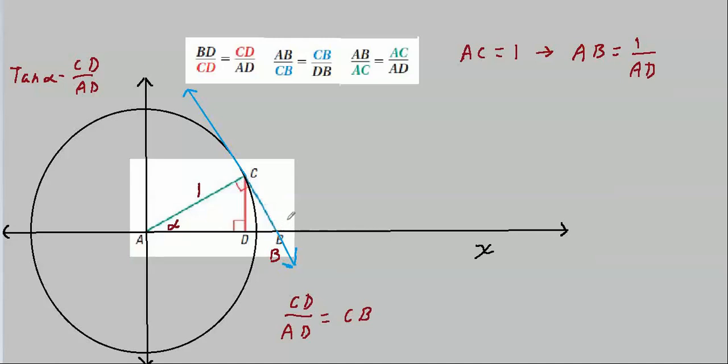I mean, pick another line. Suppose we had a tangent here. That would take off and intersect way out here. Or if we had one way up here and it intersected way, way out here, it would still be true that the distance from the intersection point to the point of tangency was exactly the same as the ratio of the opposite over the adjacent.